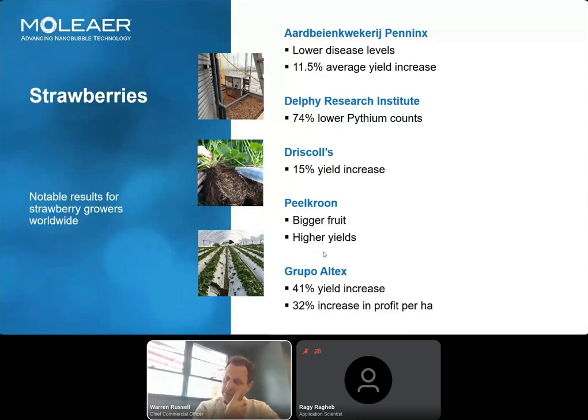And to emphasize, there's a common misconception as it relates to nanobubbles and their antimicrobial properties. We're focusing on improving the environment in which the root is growing, so we're really trying to promote the good bacteria. I saw some questions earlier about fungi and other types of bacteria.